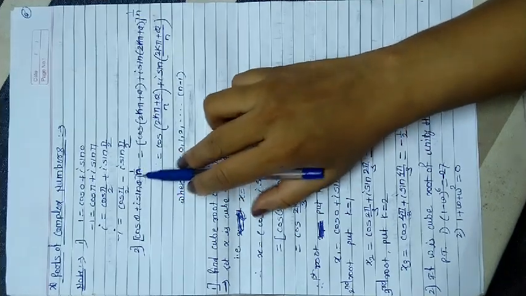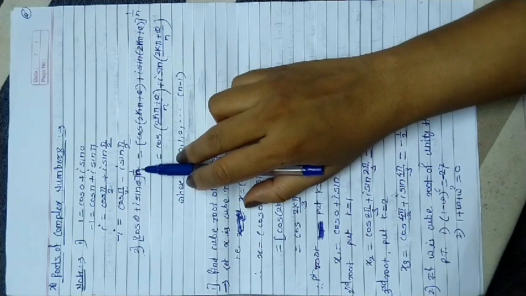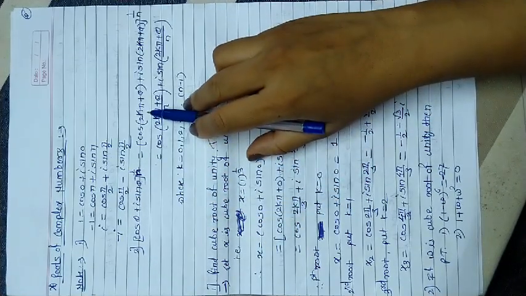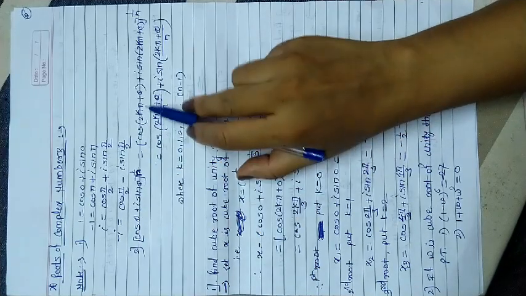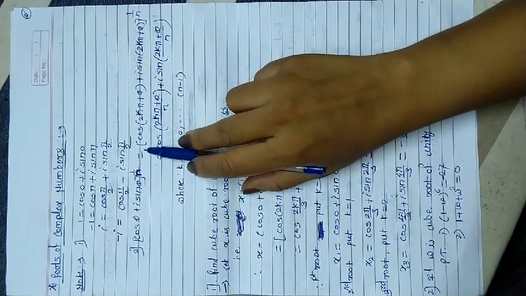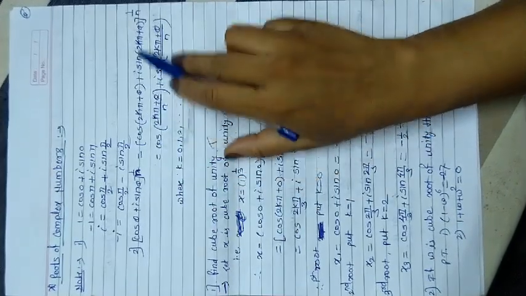But when the nth root is there, when 1 upon some number is there, we can't directly multiply this 1 by n to the angle. Before that, one step we have to do, that is add theta plus 2k pi to the angle.